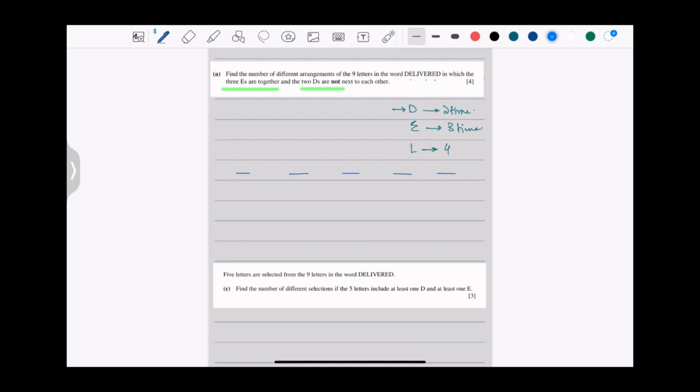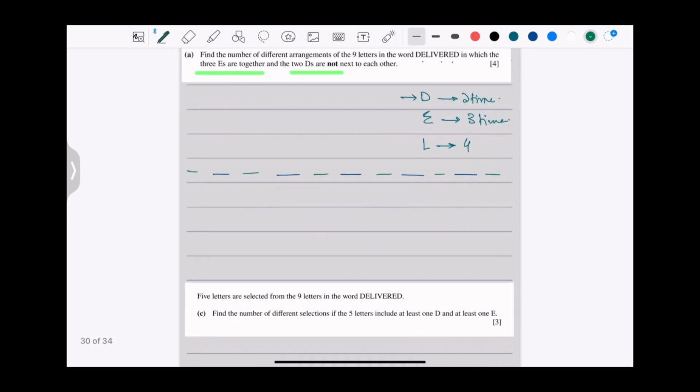And with a different color, I'll mark the possible positions of D. The green markers that I just wrote down are for D's. So D could be here, here, here, here, and any two of these 6 places. And I've taken E as one block because they have to be together.